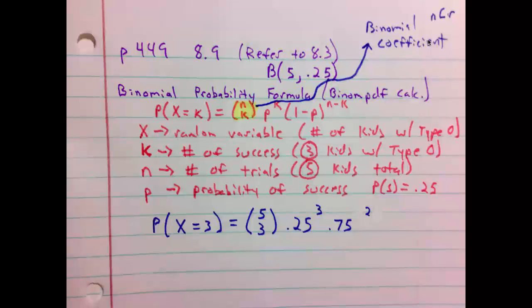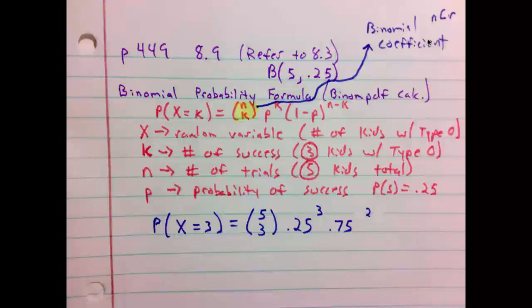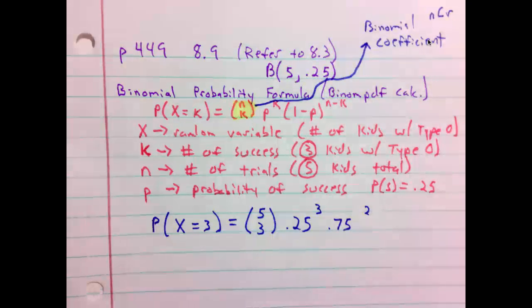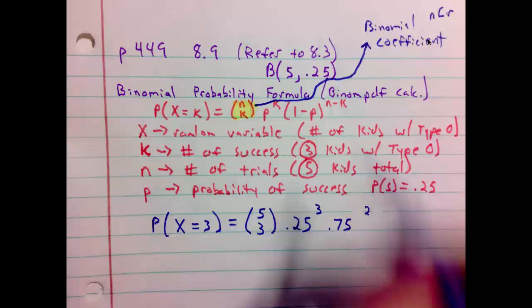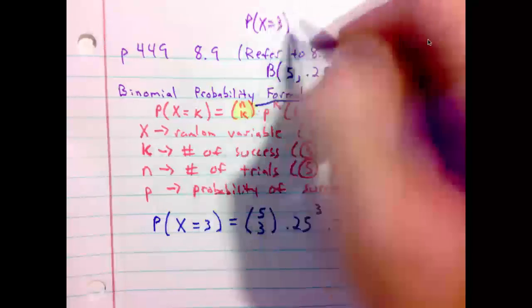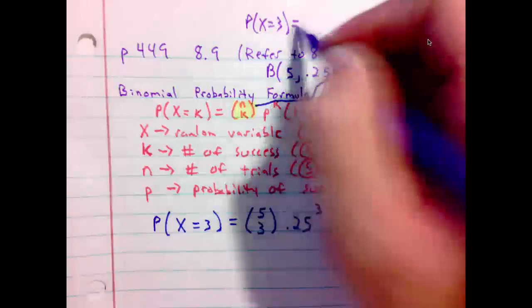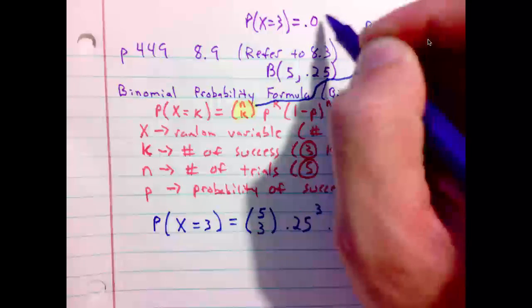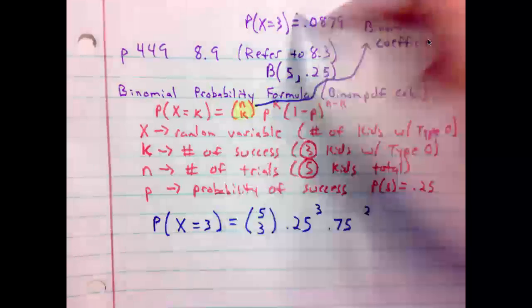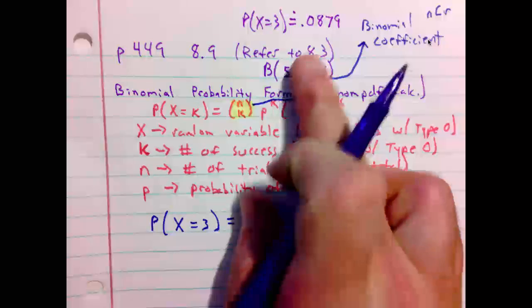All right, here we go using the calculator. First, I'm going to refer back to question 8.3, where we already know what this should be. From 8.3, we know the probability of x being 3 using our calculator function is 0.0879 roughly.